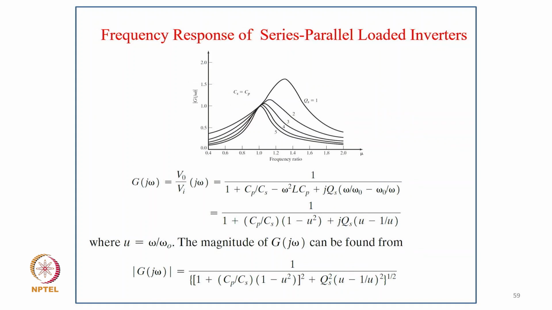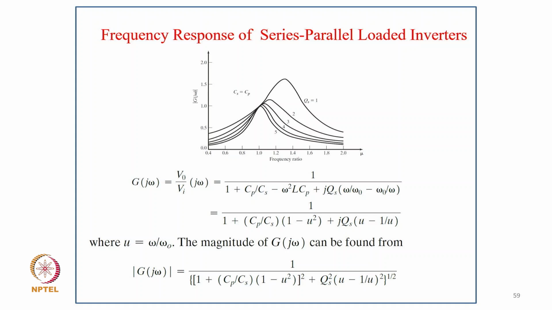And this is the typical frequency response of the series with four different Q for Cp = Cs. So here G = Vo/Vi = 1/(1 + Cp/Cs − ω²LCp + jQ(ω/ω0 − ω0/ω)) = 1/((1 + Cp/Cs)(1 − U²) + jQs(U − 1/U)), where U = ω/ω0.